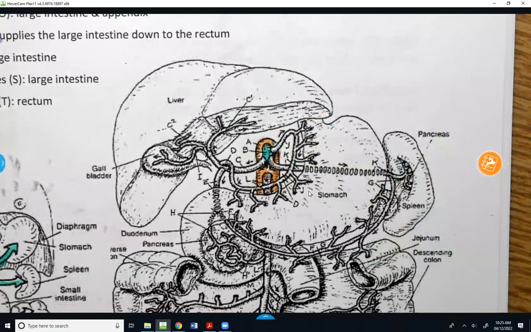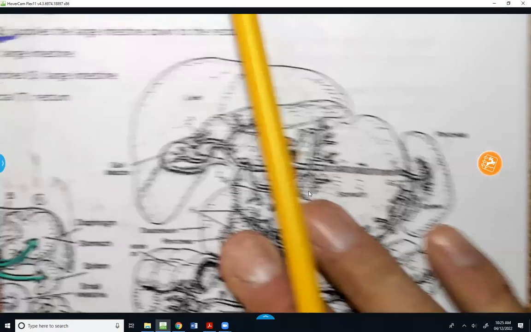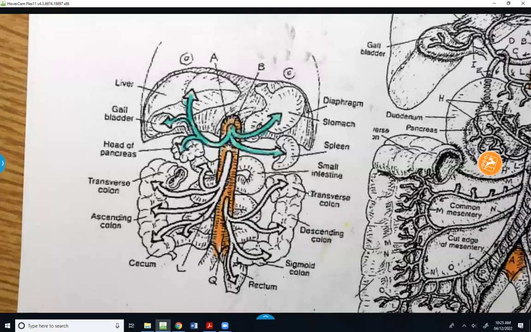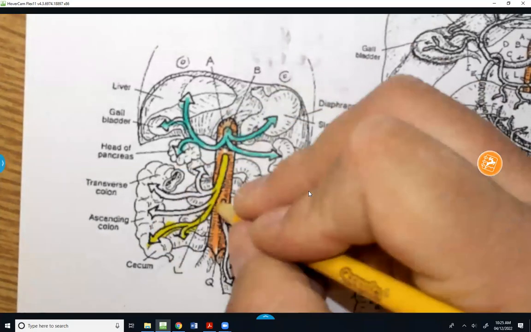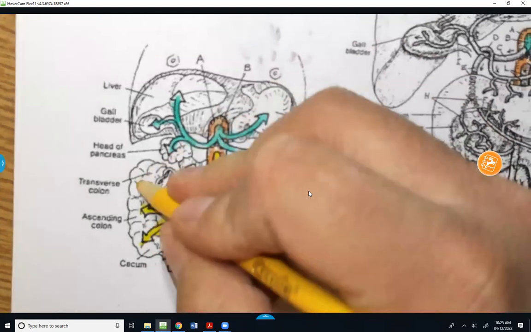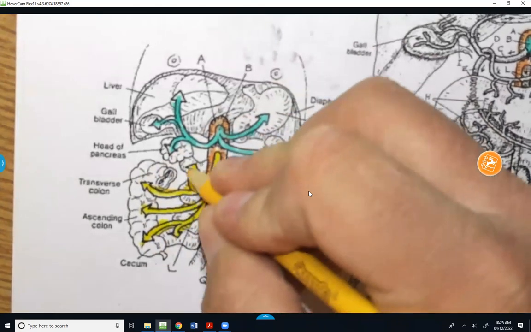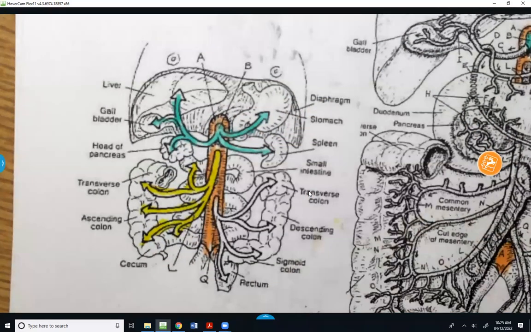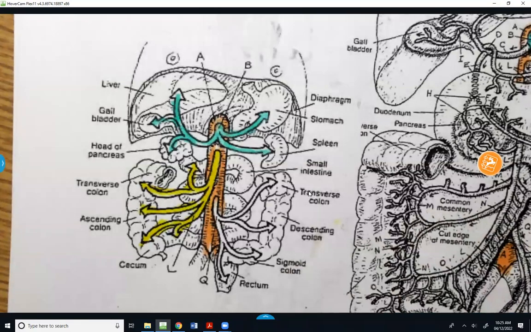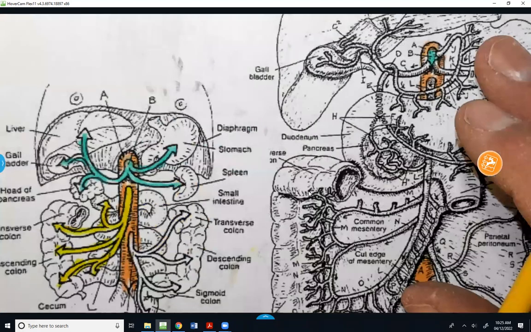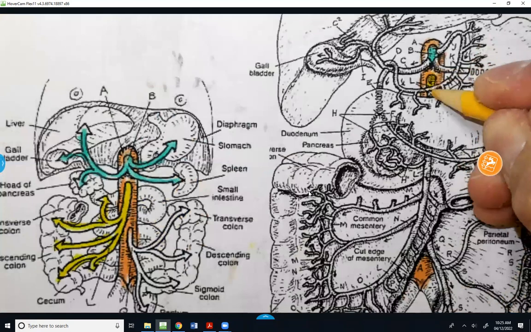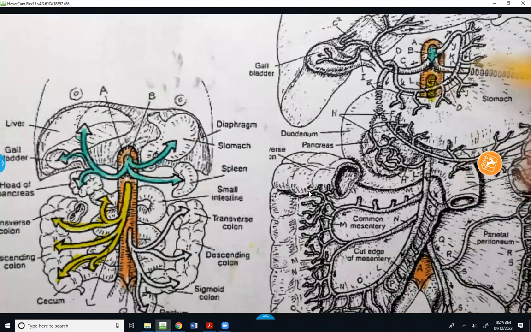Okay. All right, the superior mesenteric comes down and runs to the right side of our abdomen. Thus feeds things on the right side like our ascending colon, the cecum, parts of the small intestine. Okay. Over on the real image, you can see it's beginning up here.